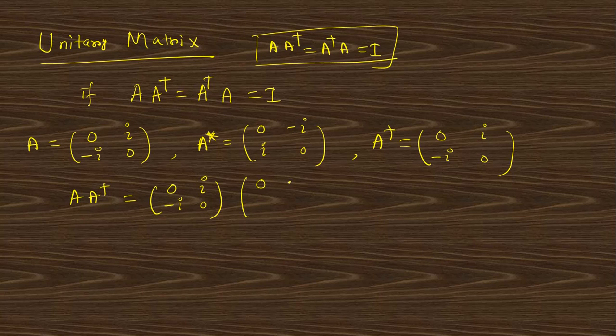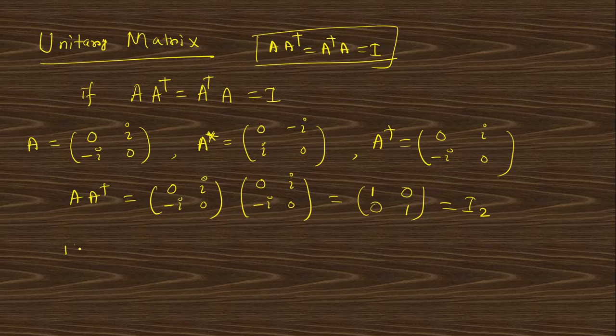Multiplying them, A dagger A gives 0, 0, and minus i times i is minus i squared, which is 1. So this will be I2. Since A dagger A gives you I, here A is the unitary matrix.